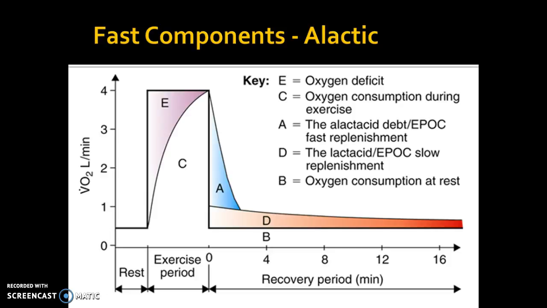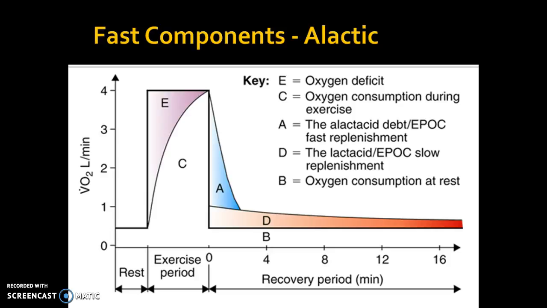So in a rugby match, this will happen after you have run the pitch and scored a try. If you've run from your try line to the other try line and scored, on average you'll have about a minute to recover from that exercise. And alactic recovery will then resynthesize some ATP and about 75% of PC, so that the body will be able to work anaerobically again, but it will be able to work anaerobically for less time.